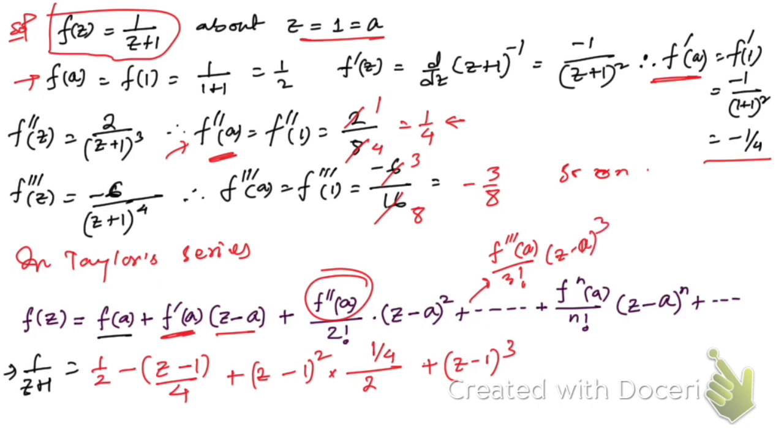So here z minus a is nothing but z minus 1 whole to the power 3, and the value of f triple dash a is going to be this one, minus 3 by 8, and by factorial 3. Factorial 3 means you can write 3 into 2 into 1, that is simply 3 into 2, right? So that's what we have got.